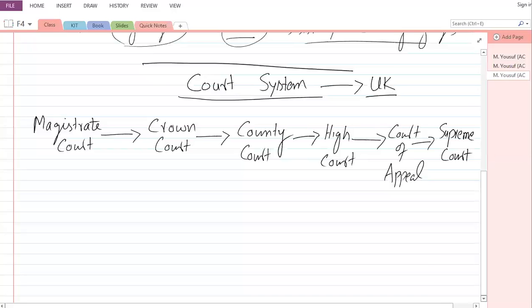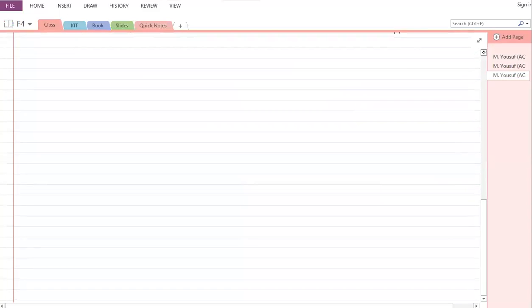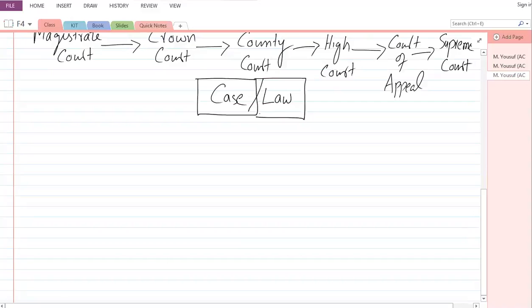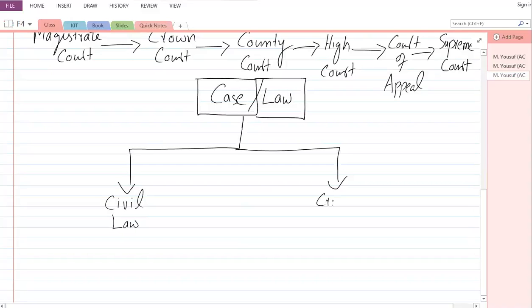The concept that we are going to start with is that law is of two types, we can say. One is called civil law and the other one is called criminal law.